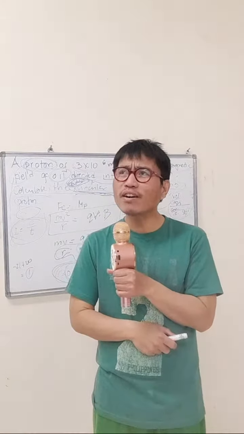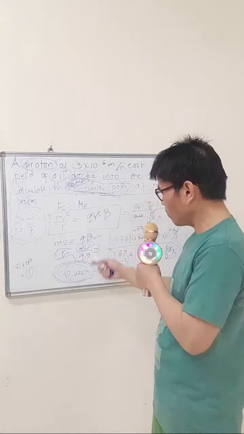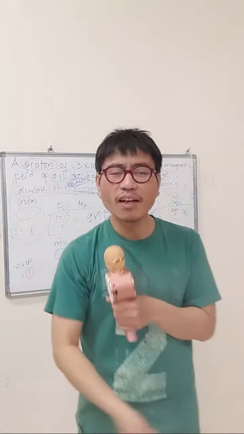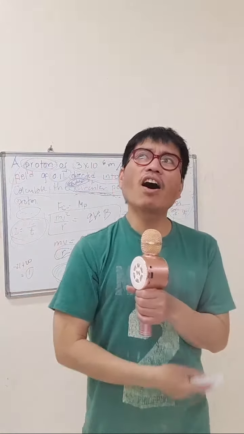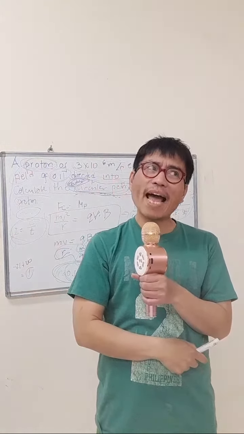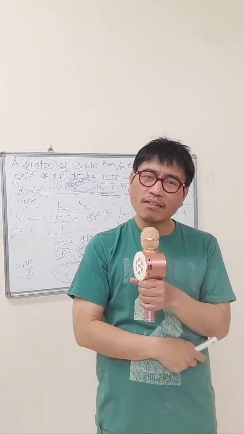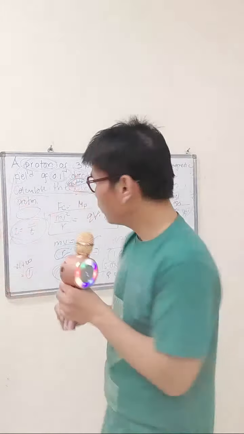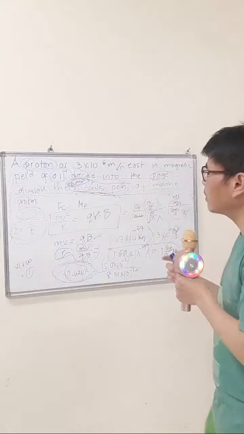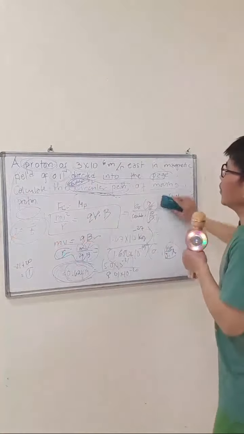R is equal to the mass and the velocity over the magnetic field and the charge. Looking at it first, it will register in our brain cells. R is equal to the mass times the velocity over the charge and the magnetic field. So we now have a new formula.